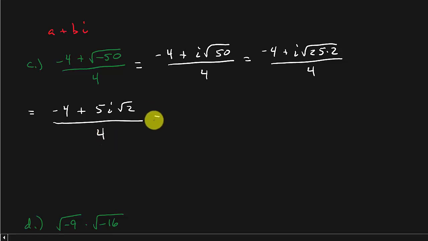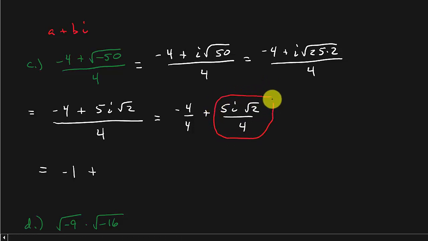All right. Now let's split it up. Negative 4 over 4 plus 5i square root of 2 over 4. And so that would be negative 1 plus, yeah, that's negative 1. Go ahead and do that. Now, as far as this part here goes, I really don't care if you leave it like this.